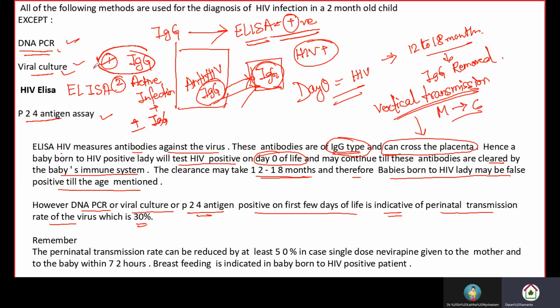So if there is no infection, then DNA PCR, viral culture, and P24 antigen assay will show negative, but ELISA will show positive. Okay, because ELISA measures HIV by the presence of antibody, and the baby has the antibody due to transmission from his or her mother.